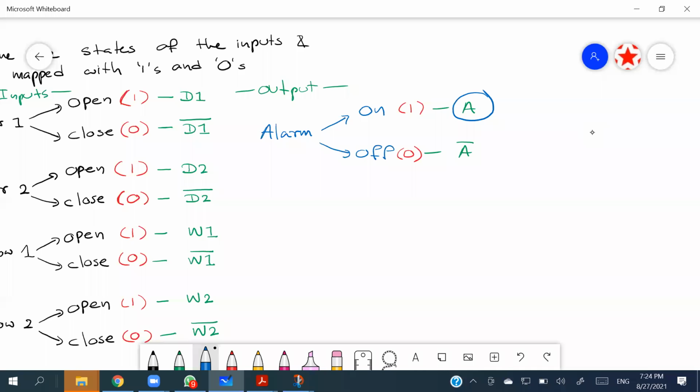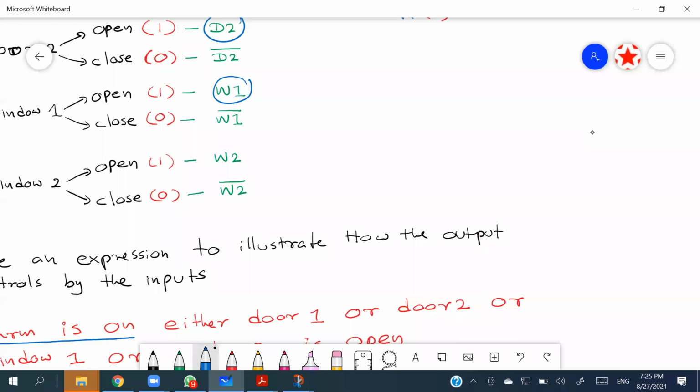So open state means it's D1, D2, W1, W2, all four. So I'm going to map these variables to that particular expression, right? Simple as that. So let's see how we can do that.